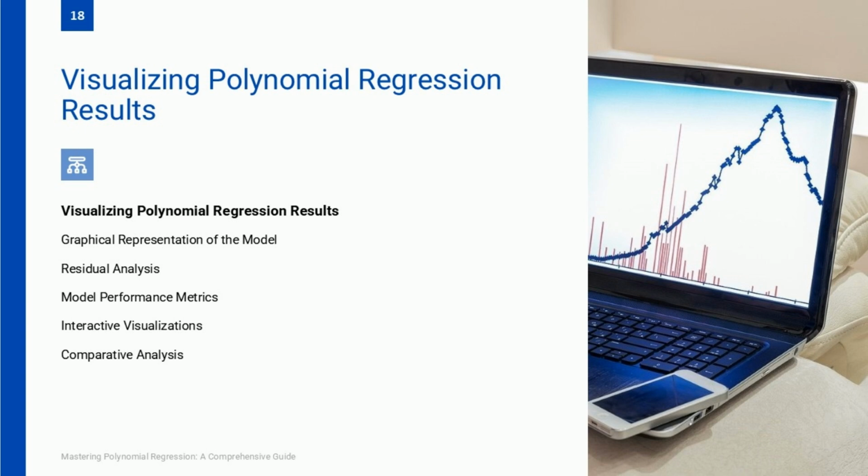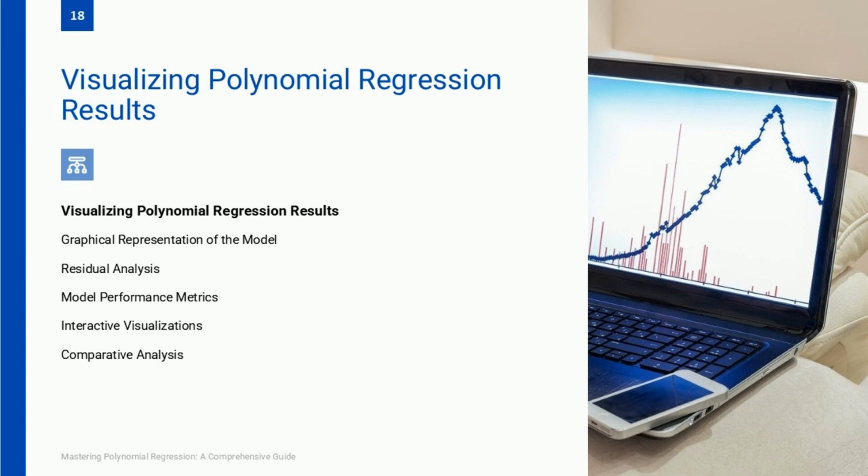One of the most common ways to visualize polynomial regression is by graphing the regression curve over a scatter plot of the data points. When working with a single independent variable, plotting the polynomial curve alongside the actual data points provides a clear representation of how well the model captures the underlying trend.